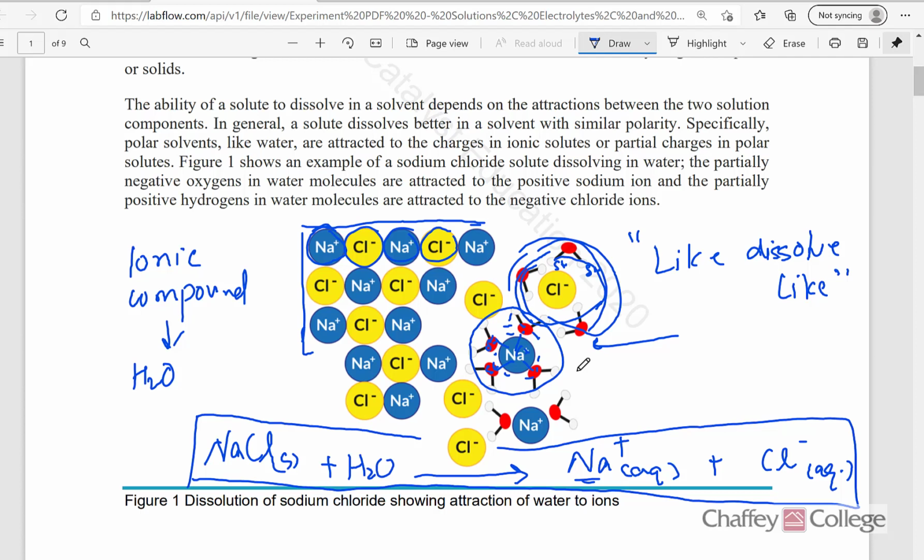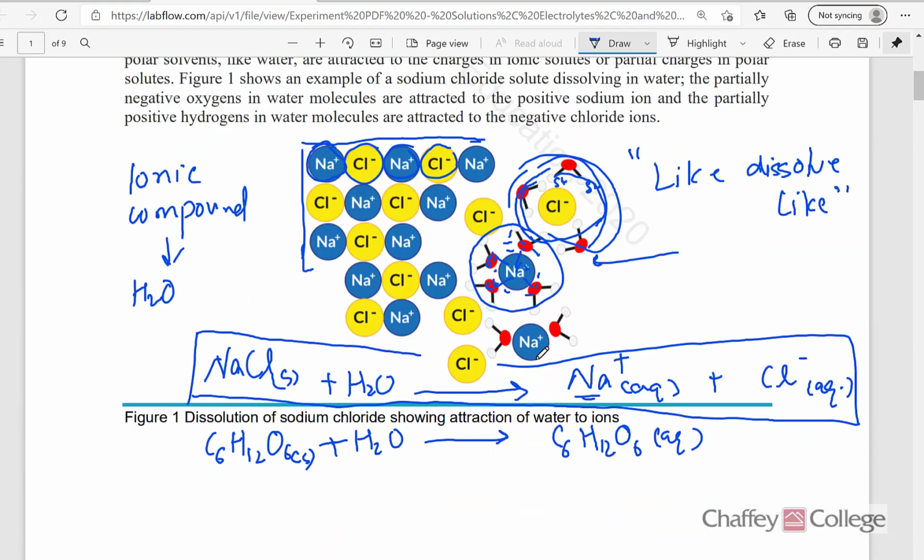For example, glucose. This is the formula of glucose. When we dissolve it in water, it does not break down, it just simply dissolves. So we write the equation with aq, meaning it dissolves. The powdered glucose just dissolves in water.